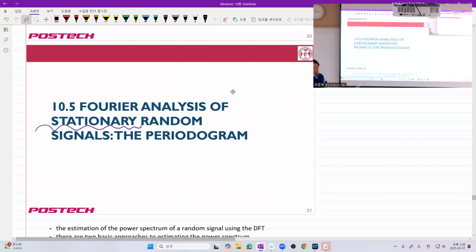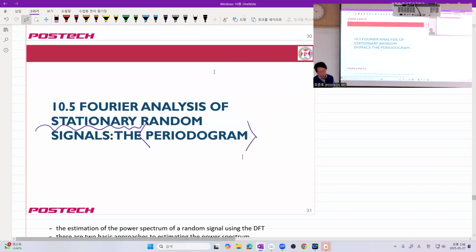So here comes the power spectrum estimation using FFT. And that is related to the periodogram. By the way, we've seen a similar terminology called a spectrogram that is related to the short-time Fourier transform. And this is called a periodogram.